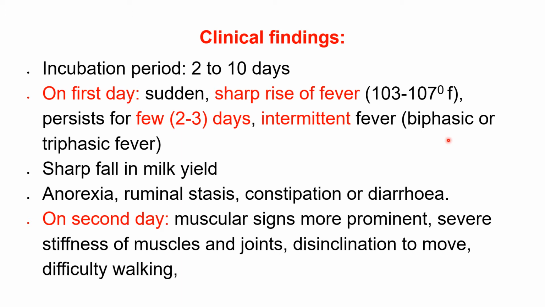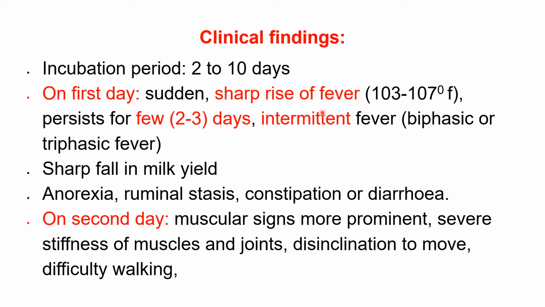Again, a second phase, a period of fever, and then it is normal. So this is biphasic. In triphasic, there are three peaks of fever: fever, afebrile period, fever, afebrile period, fever, then afebrile. So there are three peaks here. In biphasic, there are two peaks.